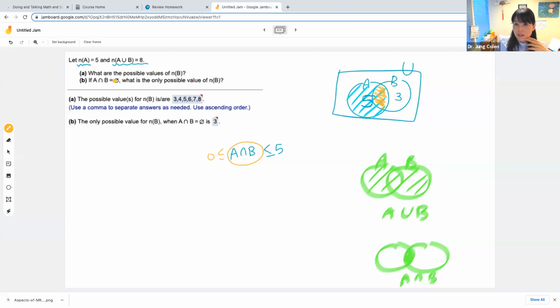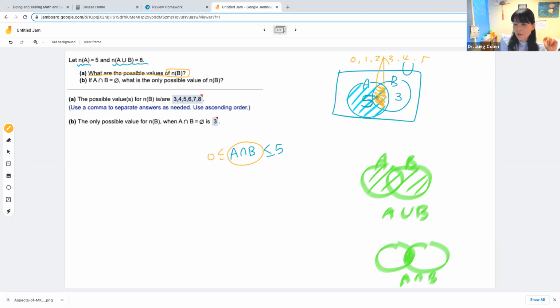So what are the possible values of the number of elements in B? We know that this part's number of elements is either 0, 1, 2, 3, 4, or 5, because the number of elements in the intersection part should be between 0 and 5 inclusive.